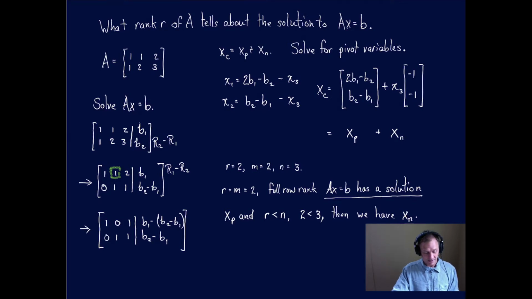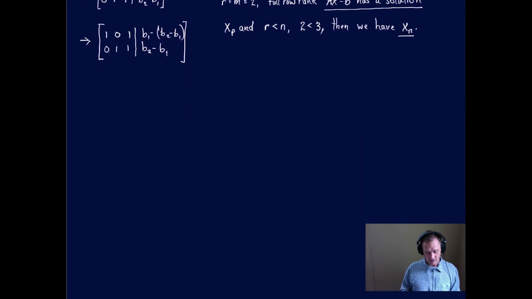Okay, let's take a look. I'm going to go down, and now let's try A transpose and see what that tells us. A transpose is going to be 1, 1, 2, 1, 2, 3. Now I could call this the matrix B, but it just seemed like a simple example to work with.